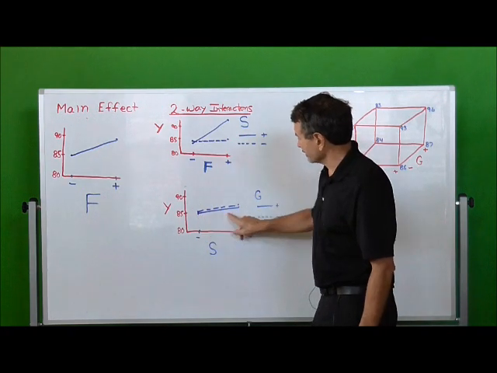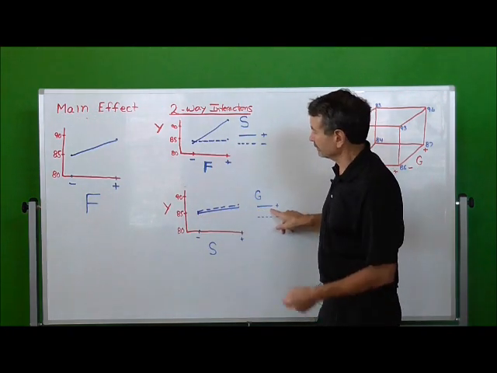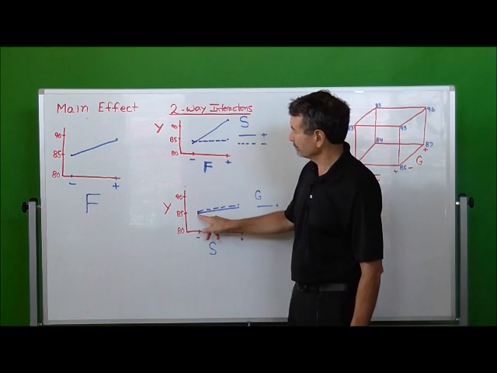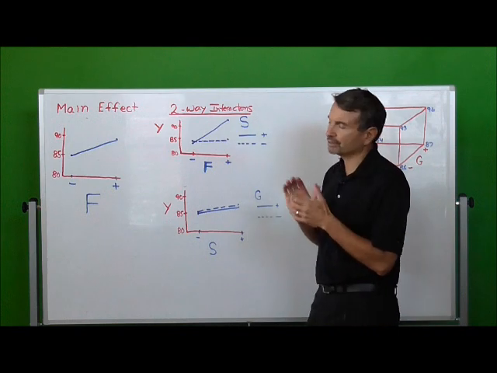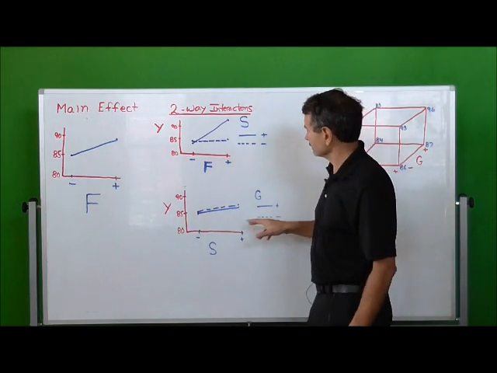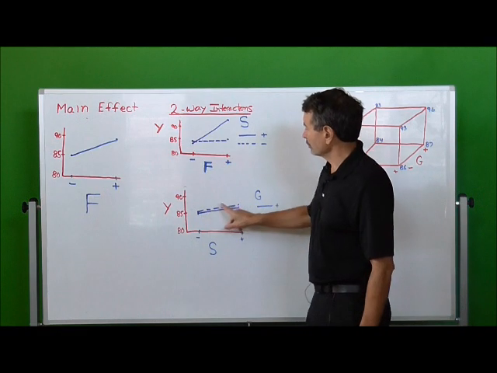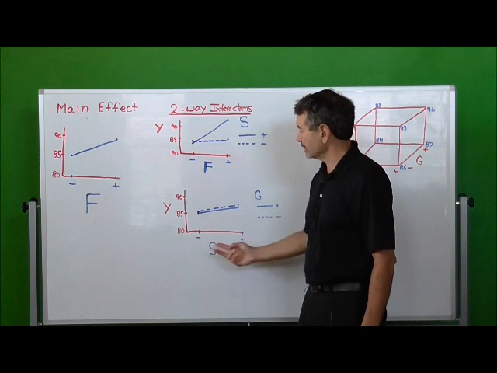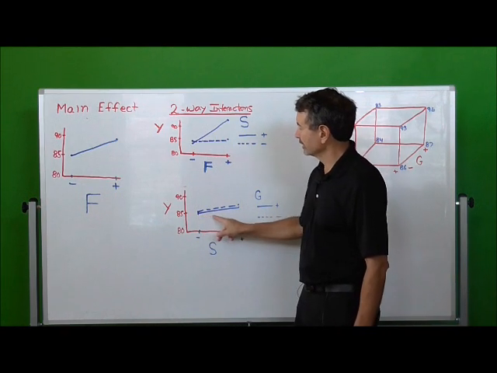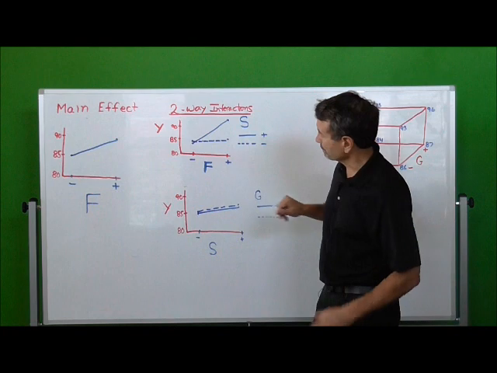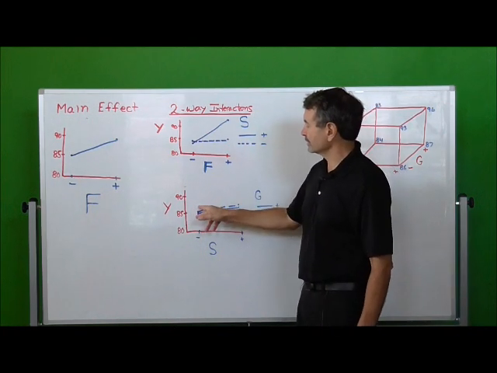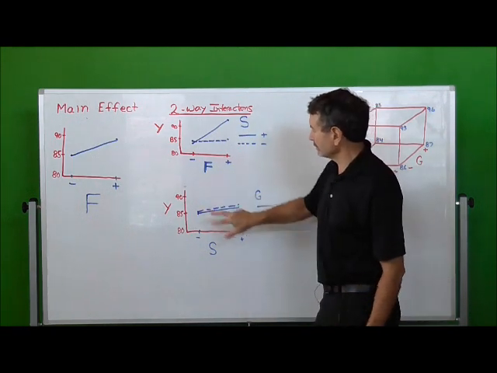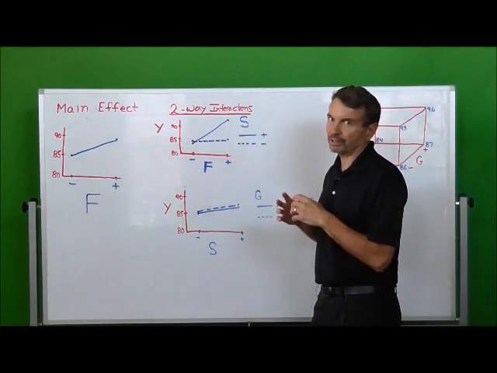If I plot out the solid line, which is the grit at the high level, the dotted line represents the grit at the low level. Notice in terms of the speed, when we go from a minus to a plus, the lines are parallel to one another, and the separation at the low speed in comparison to the high speed is identical at the two settings for the grit.